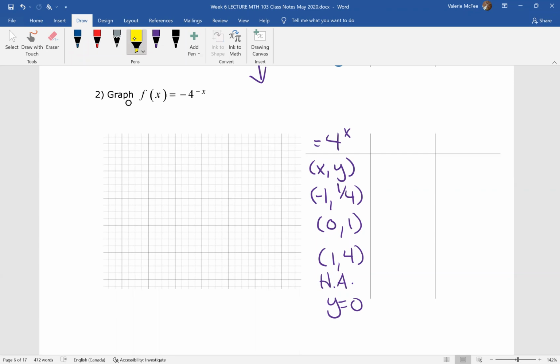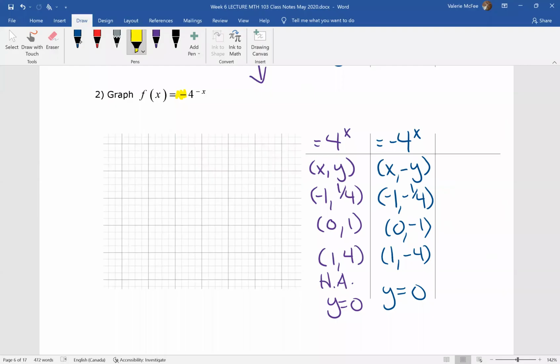Now we see we have 2 negative signs, 2 reflections. It doesn't matter which one we do first, so that we're all doing the same thing, why don't we start here? Find those key points. This negative is outside the function, and so it made all of our y coordinates negative.